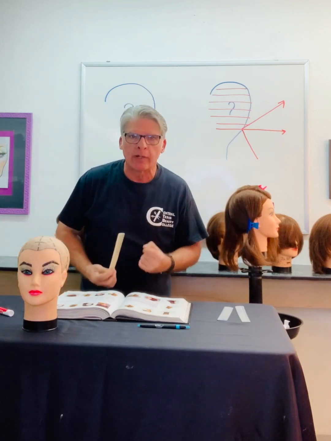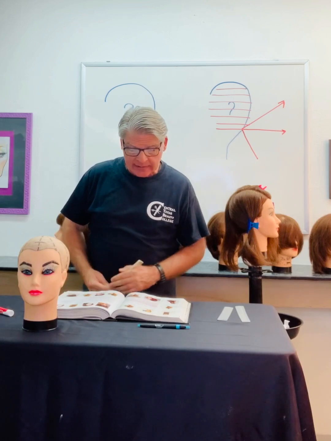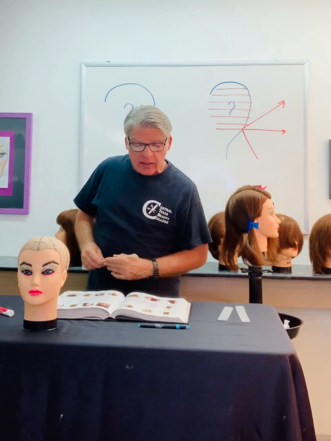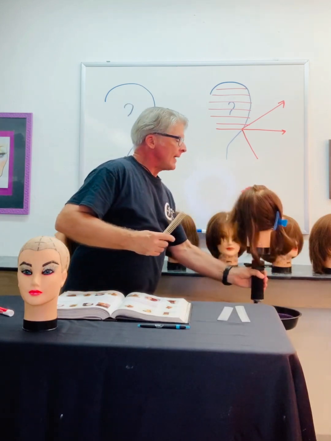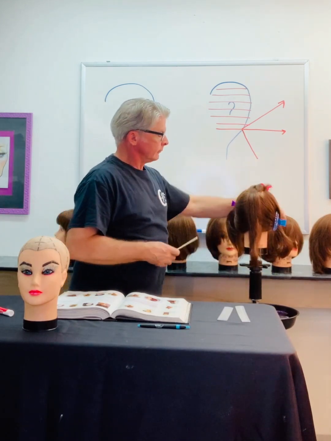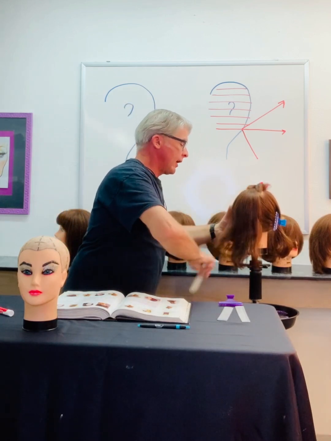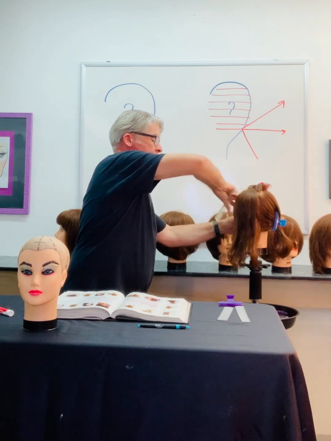Here's the next words I want to teach you. Guidelines. Guidelines, also known as a guide, is a subsection of the hair that determines the length of the hair that's going to be cut. So, when we do our haircut tomorrow, this will become super, super apparent.